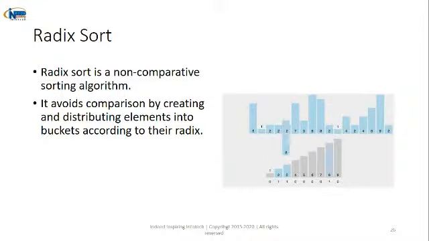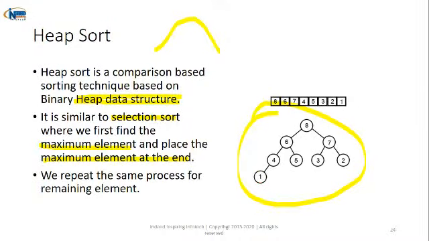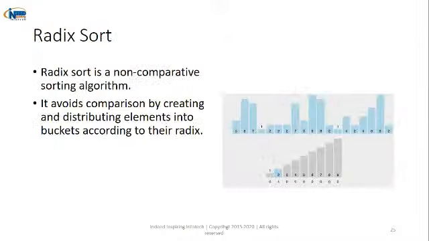Each and every algorithm we have seen till now is based on some kind of comparison. They compare the first and second element. But Radix Sort is not comparison based. This is different.